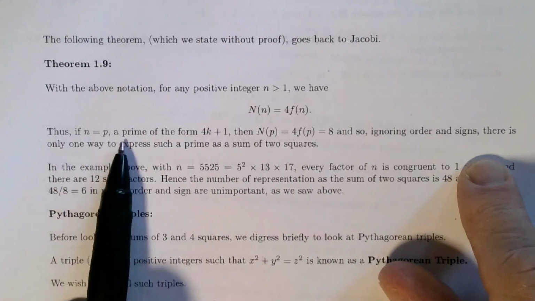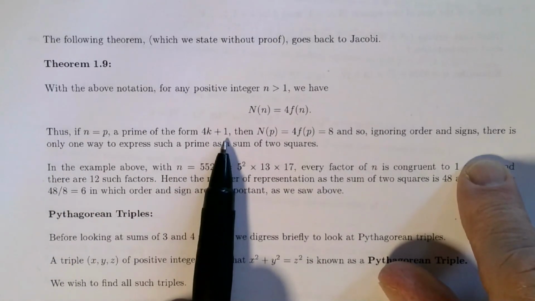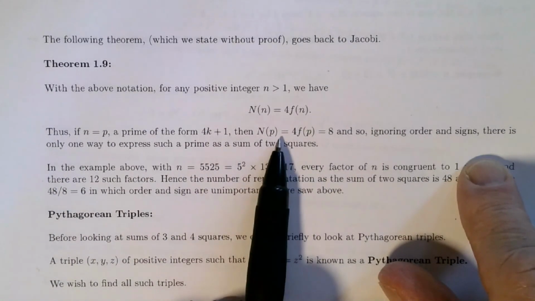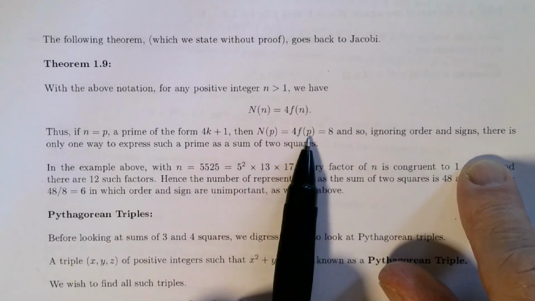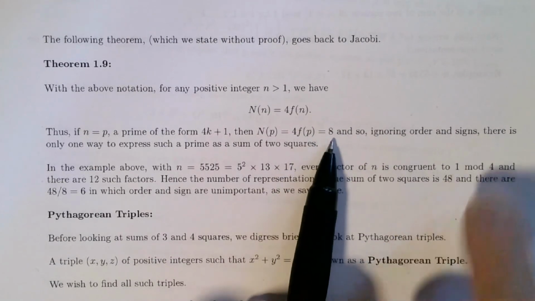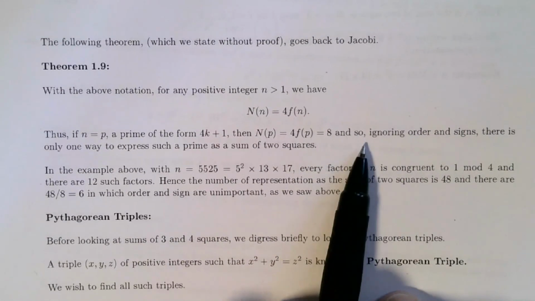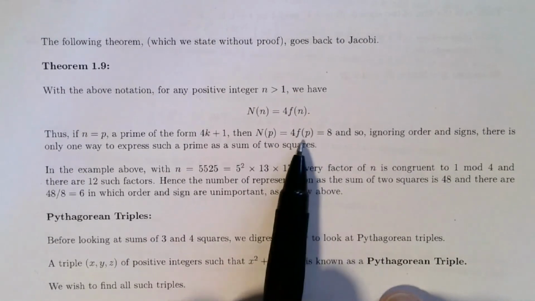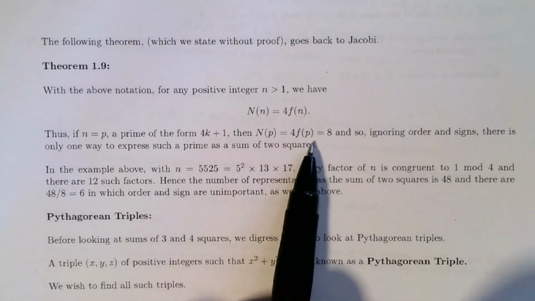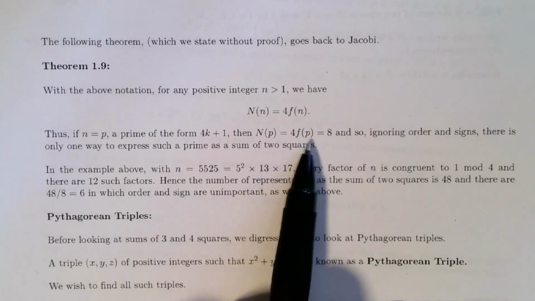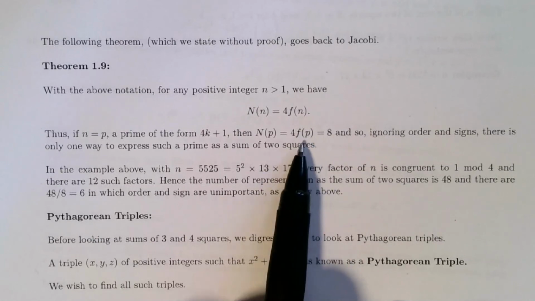So if p is a prime of the form 4k plus 1, then n of p is just 4 times f of p, and f of p, of course, will be just 2, and that'll give me 8. The reason this is 2, of course, is that it's divisible by 1, and it's a prime, so it's divisible by itself. So f of p in this case would be 2.